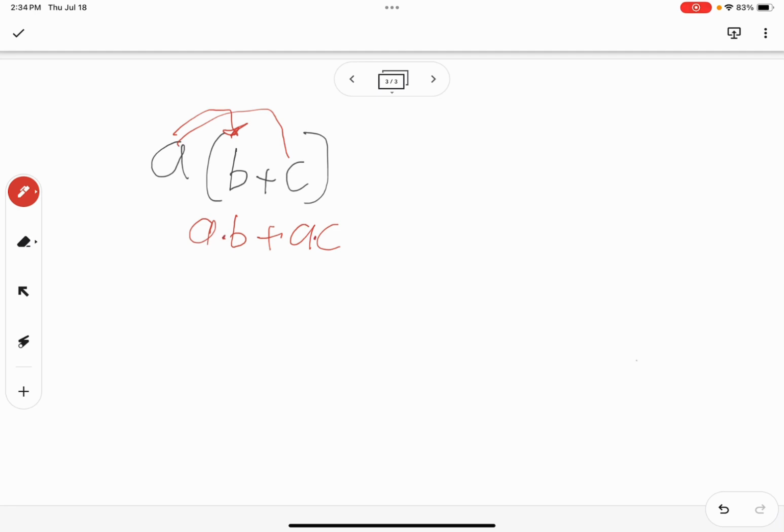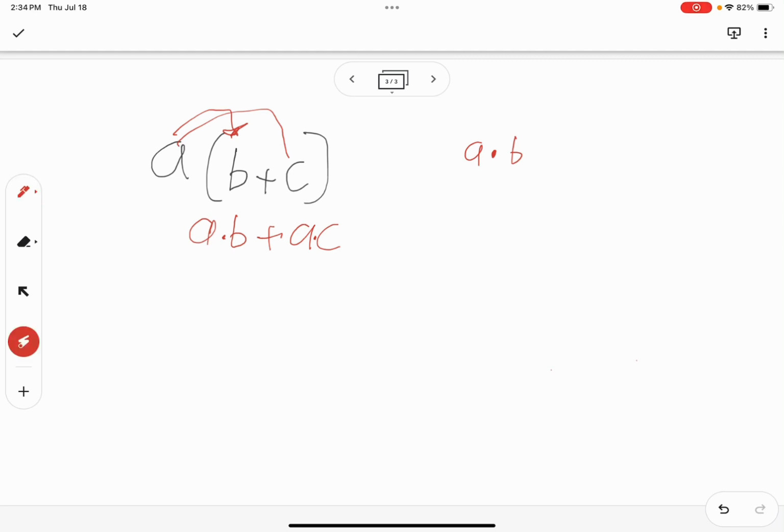These dots represent multiplication. There's different ways you can write multiplication. You can write it A times B, but then that is confusing because is this an X variable or is it a multiplication sign? That's why in algebra, we no longer write the X for multiplication. We write a dot instead.